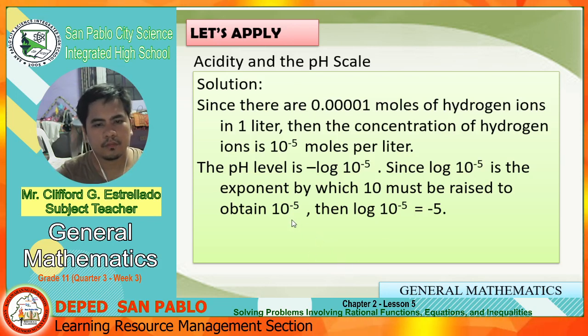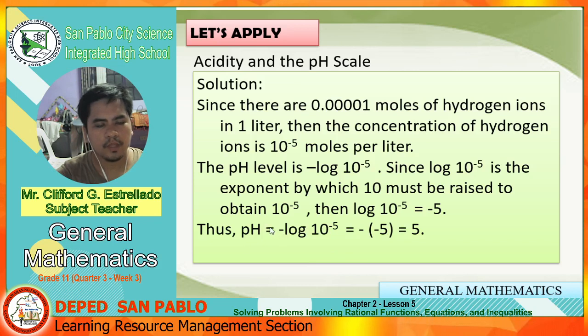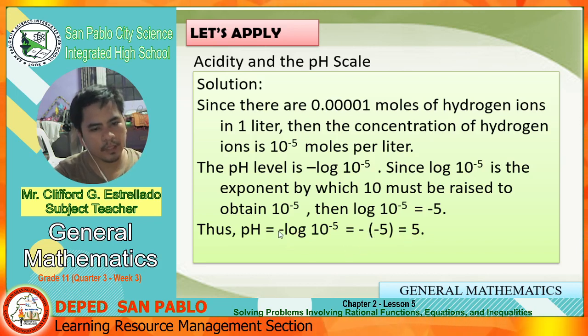So the pH is equal to negative times negative 5, which is equal to 5. Since the base is the same, with an exponent of negative 5, the base 10 can be canceled. Negative 5 na siya. Kaya, negative times the negative 5 equals positive 5.